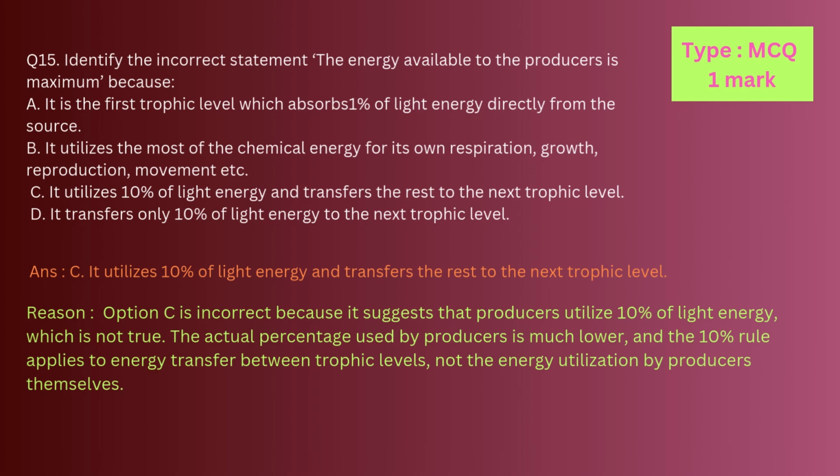Now, why is that so? Let's break down the options. Option A is true because producers like plants absorb about 1% of the light energy from the sun and then convert it into chemical energy during photosynthesis.